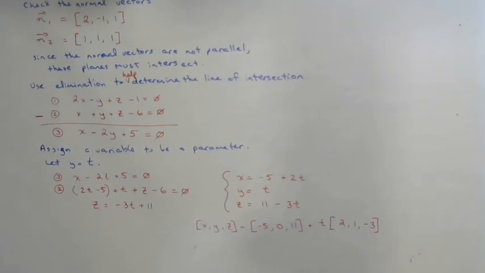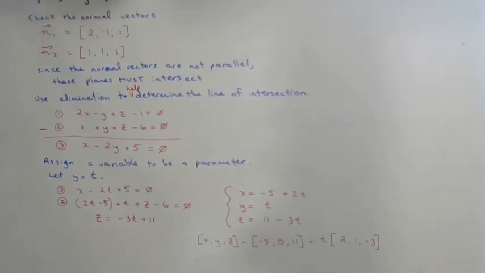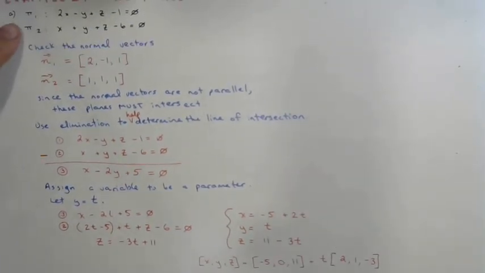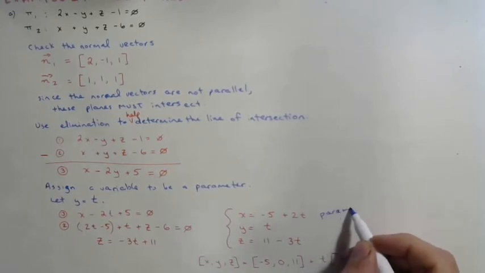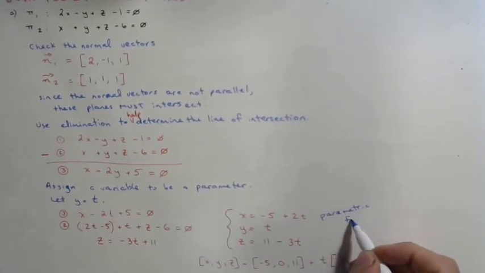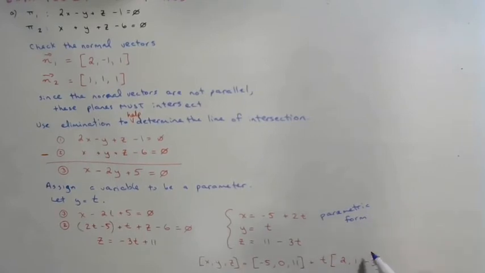This is the line of intersection between these two planes. This is the full set of solutions. Okay, and we have it in parametric form, and we have it in vector form.